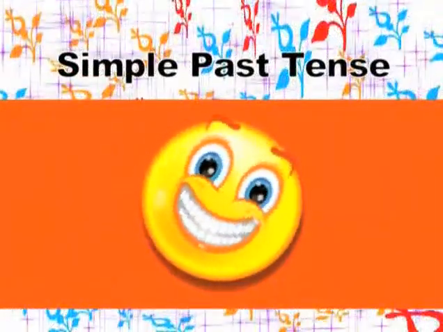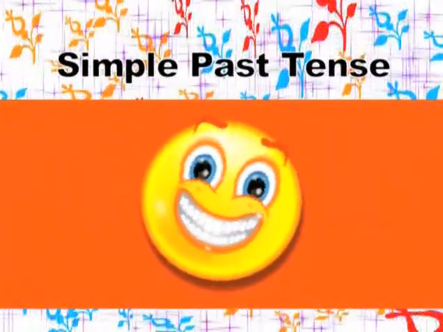Now we know that each tense has four forms: simple, continuous, perfect, and perfect continuous. Let's discuss the simple form of the past tense. I'll start with an example.